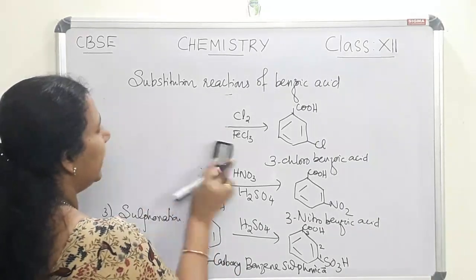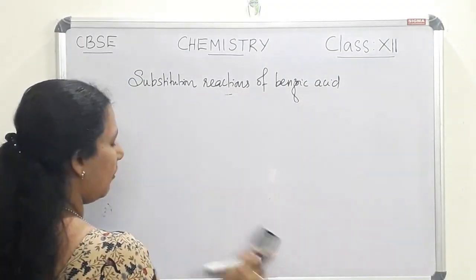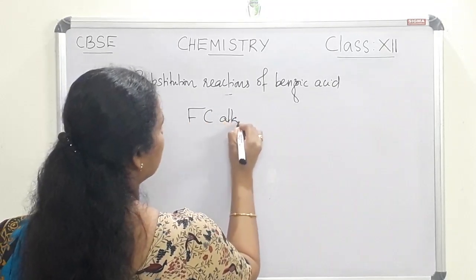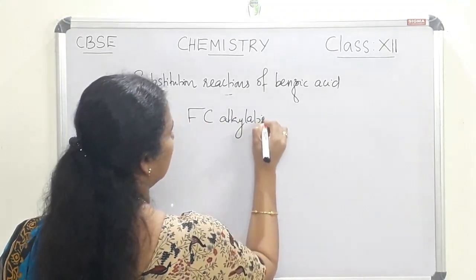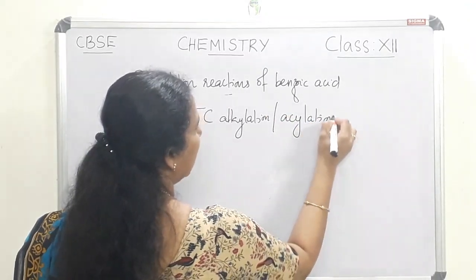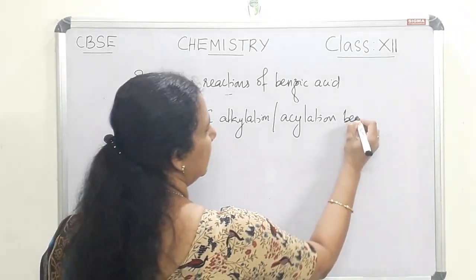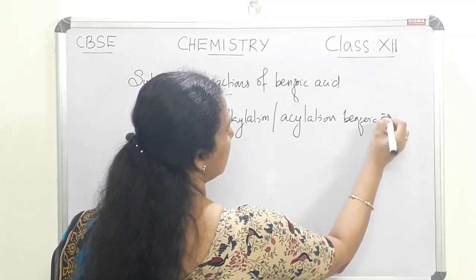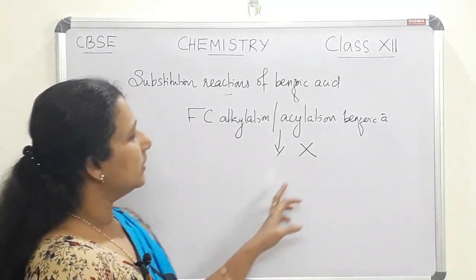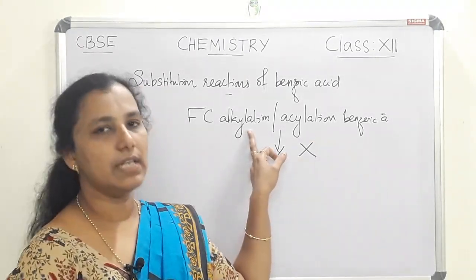Then comes Friedel-Crafts alkylation and acylation. In the case of Friedel-Crafts alkylation and acylation of benzoic acid, actually this reaction will not happen, or this benzoic acid will not respond to Friedel-Crafts alkylation and acylation.